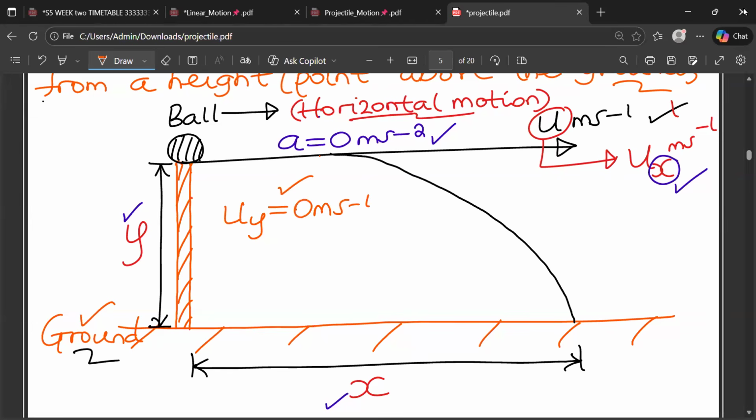Throughout the beginning, we first have horizontal motion before the body decides to fall. That means we don't have any velocity that is vertical at the beginning. Otherwise, the body would just fall immediately.